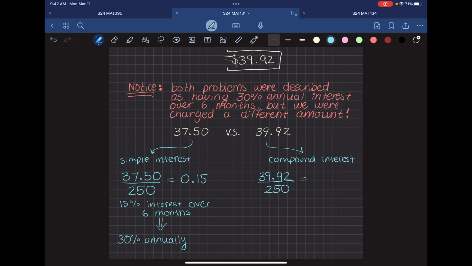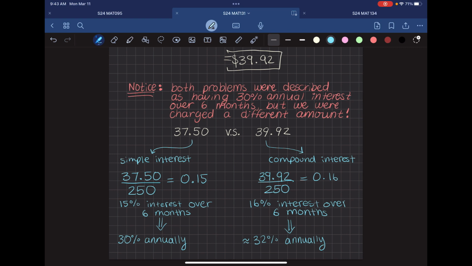And if you type this into a calculator and round to 2 decimal places, you'll get 0.16. So that means that for compound interest, we were charged 16% interest over 6 months, which equates to approximately 32% annually.